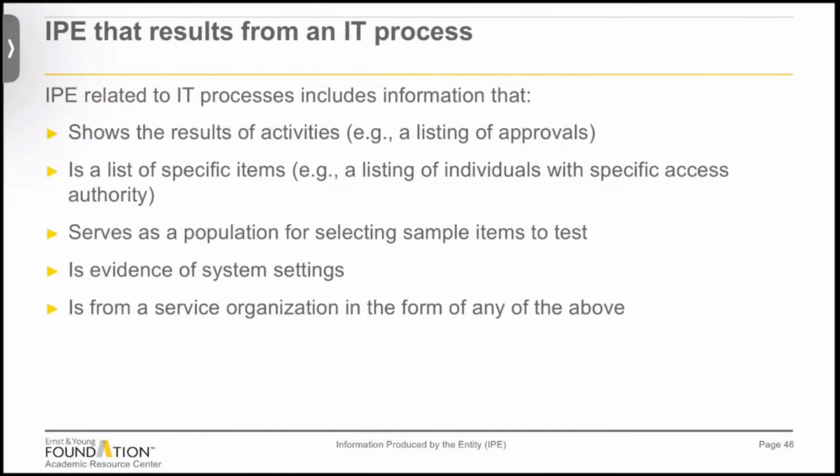So IPE related to IT processes include information that shows the result of activities, for example, listing of approvals, a list of specific items, for example, access listing, serves as a population for selecting sample items to test, evidence of a system setting, or is from a service organization in the form of any of the above.